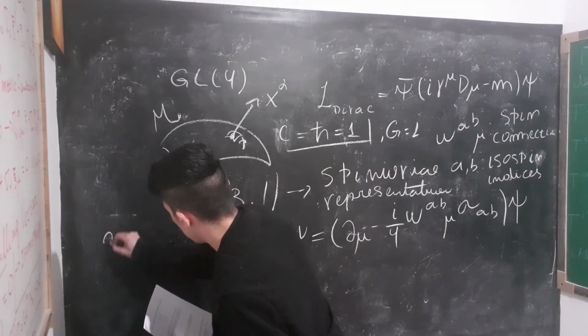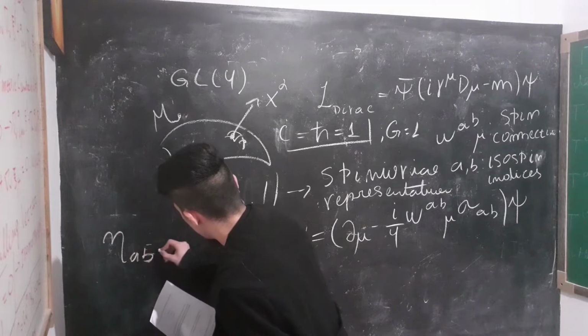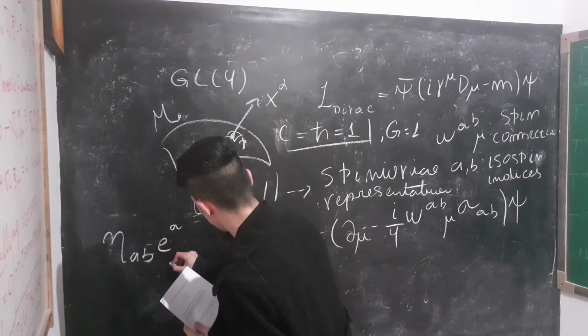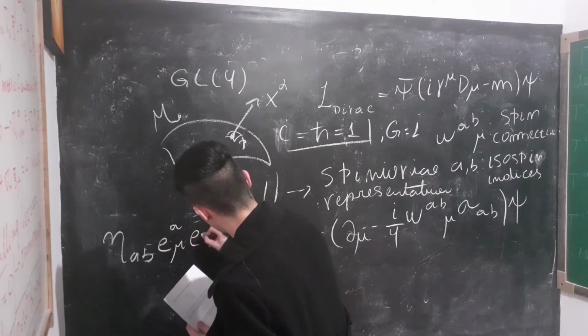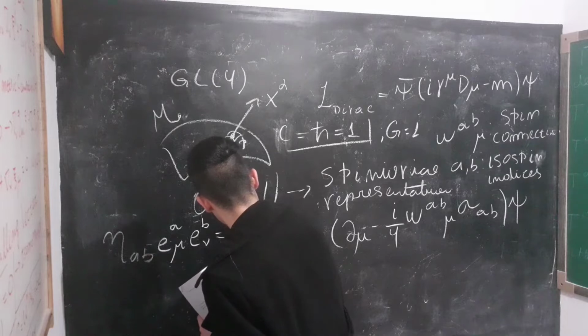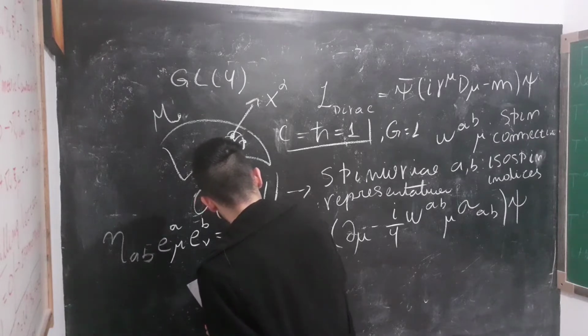That is eta AB e A mu e B nu, that is equal to g mu nu, right?